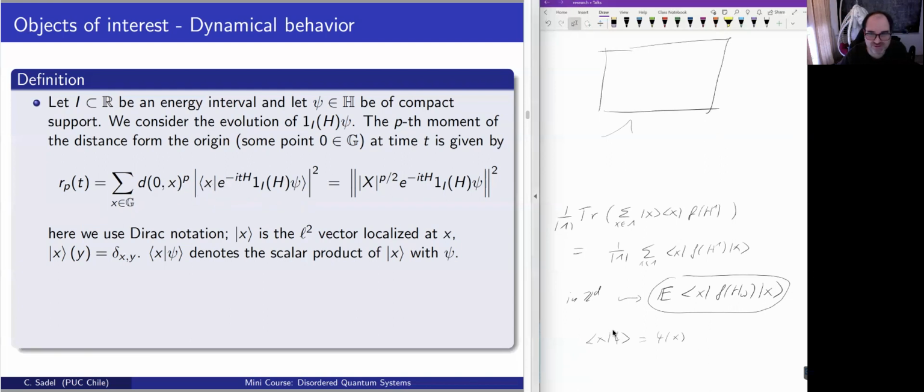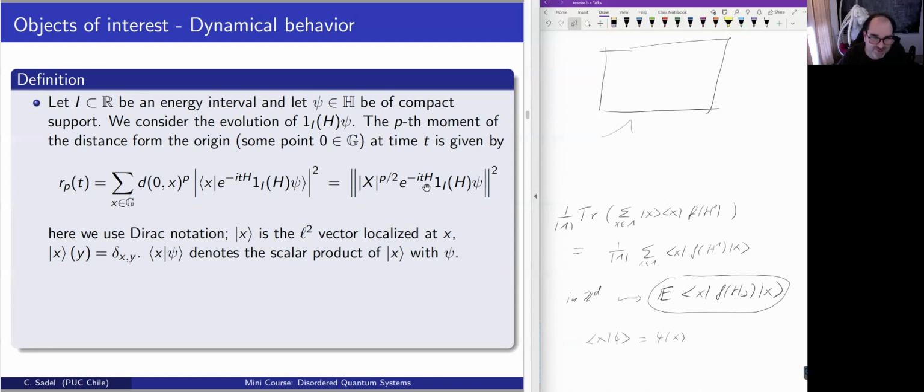So this product is just the value of this vector at x. So you can see that this is the same as this norm here: you take the evolution and multiply it with this distance operator, absolute value of x to the p over 2, and then take the whole norm squared.